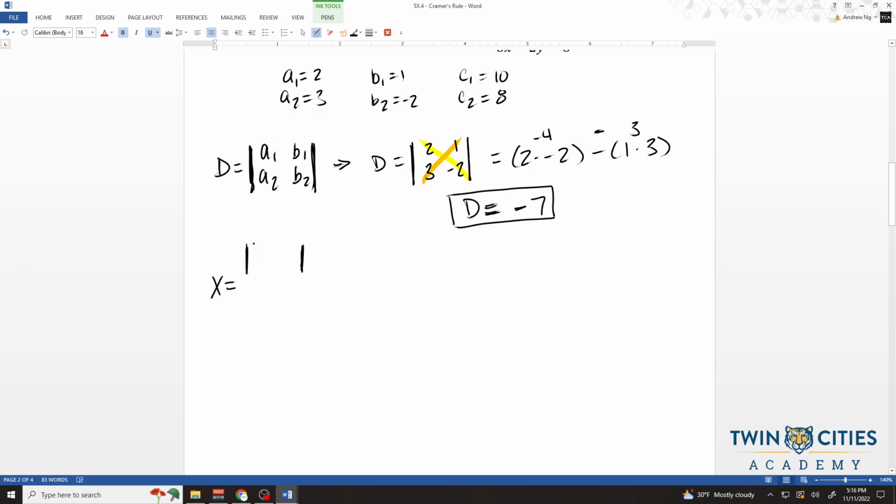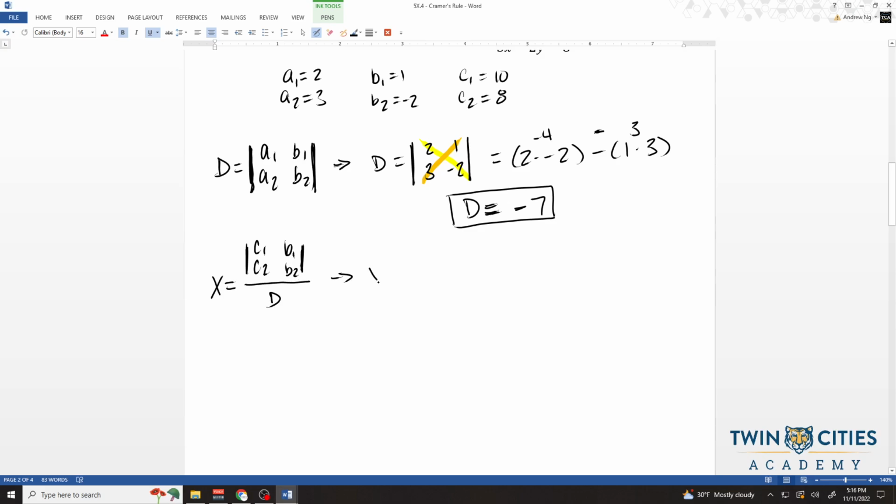So this is going to be 10 here and 8 here, and then these are going to stay the same. b1 and b2 are going to be 1 and negative 2. Okay, let's actually write what those are. So it'd be c1, c2, b1, b2 over d.